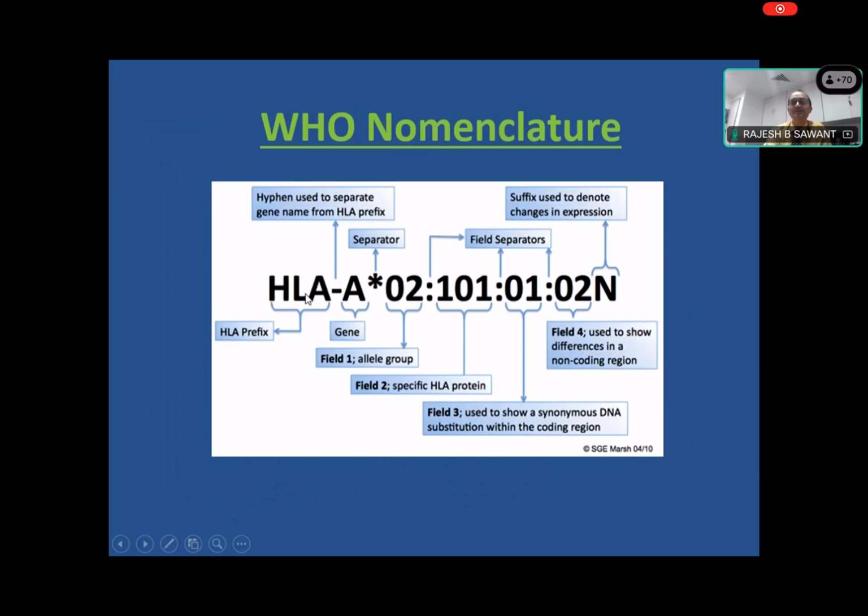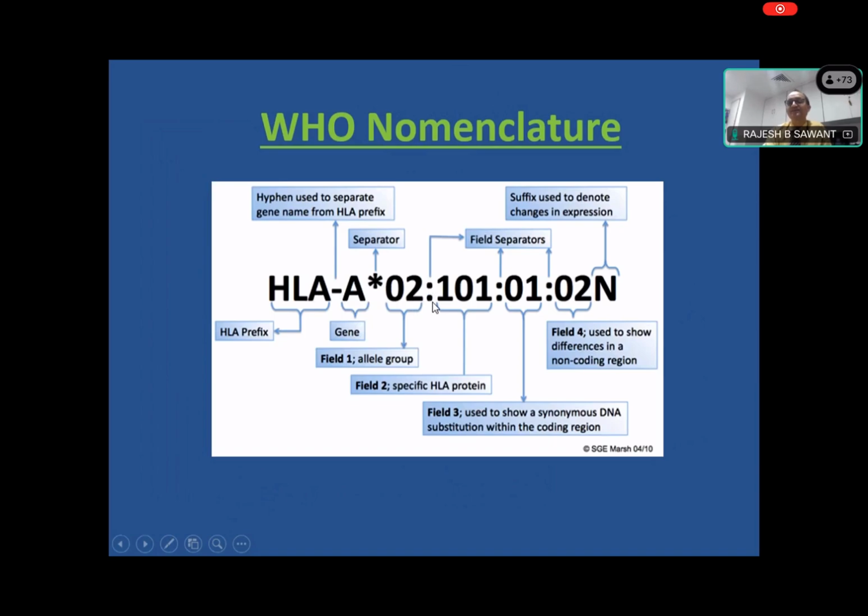That is the prefix, which is followed by a hyphen, which is used to separate the gene name from the HLA prefix. And then you have the A or B or DR or whatever, that is the gene. After which you have an asterisk, which is known as a separator, which is followed by the first field. So here you have HLA-A*02.